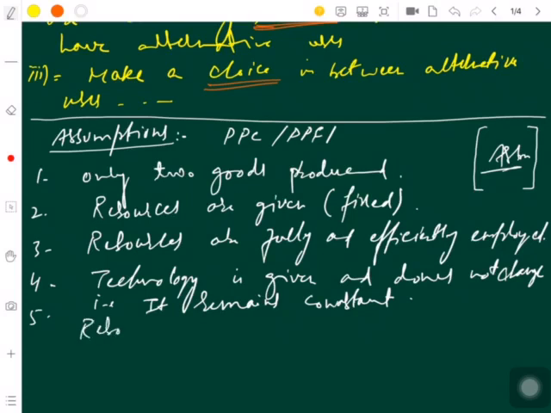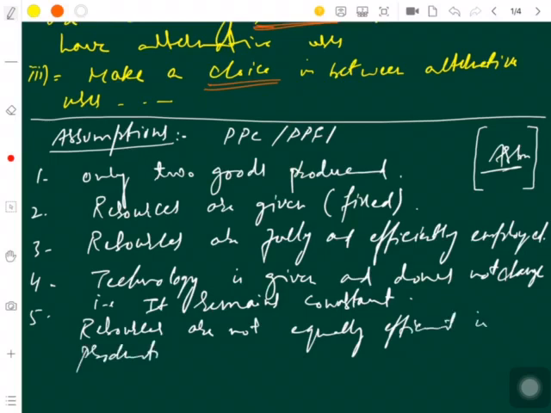Last is resources are not equally efficient in production of all goods. Okay, so the resources which we have, they are having alternatives, but they cannot produce each and every good equally and efficiently.